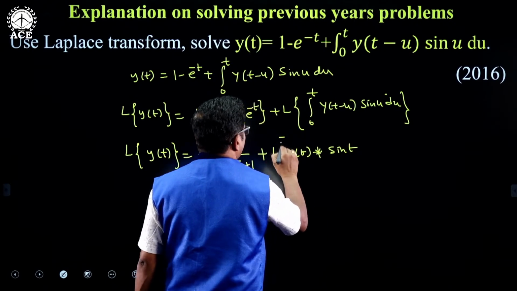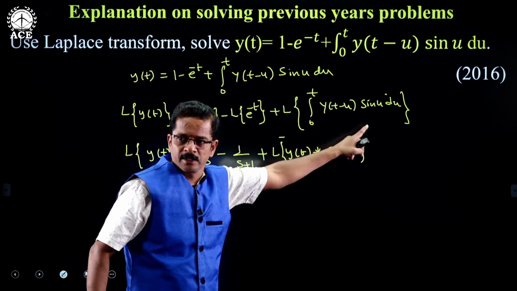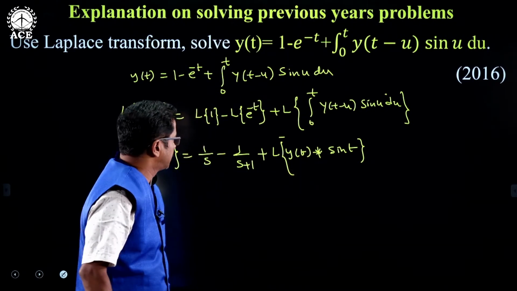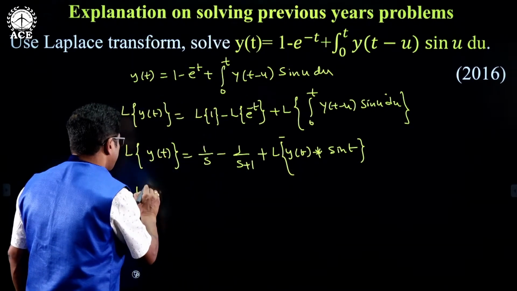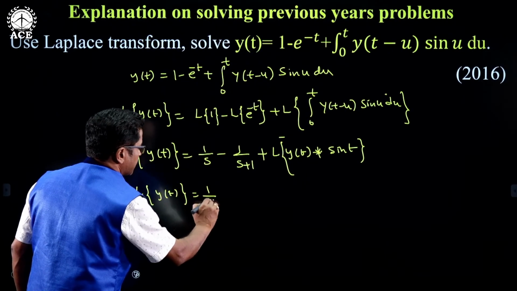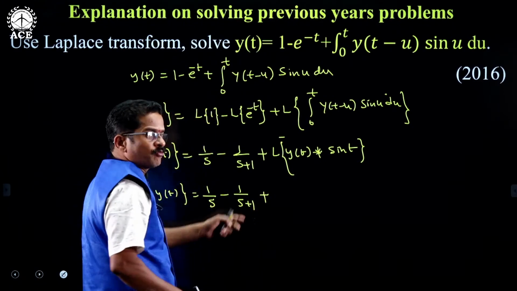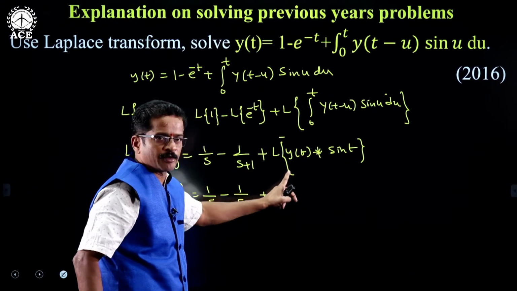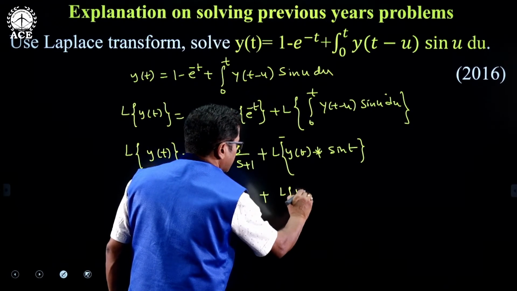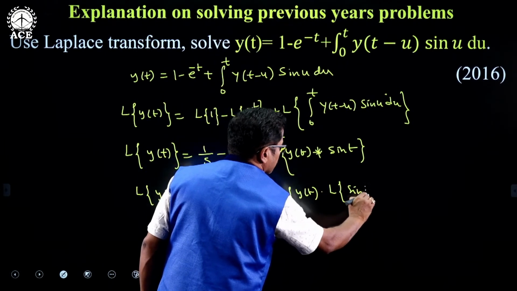Star means this is a convolution product definition. Okay, L of y of t star sin t. So then we write this as L of y of t equals 1 by s minus 1 by s plus 1 plus L of y of t star sin t, meaning the convolution product of y of t and sin t, is going to be L of y of t into L of sin t.